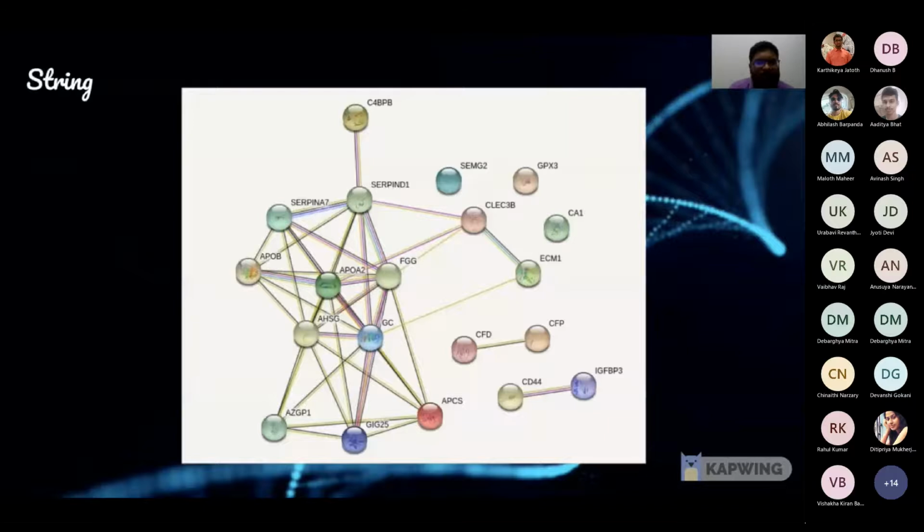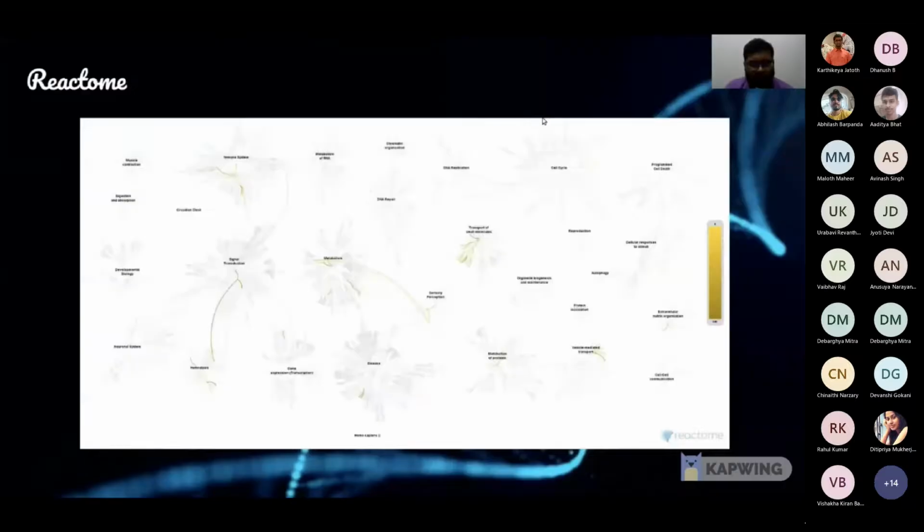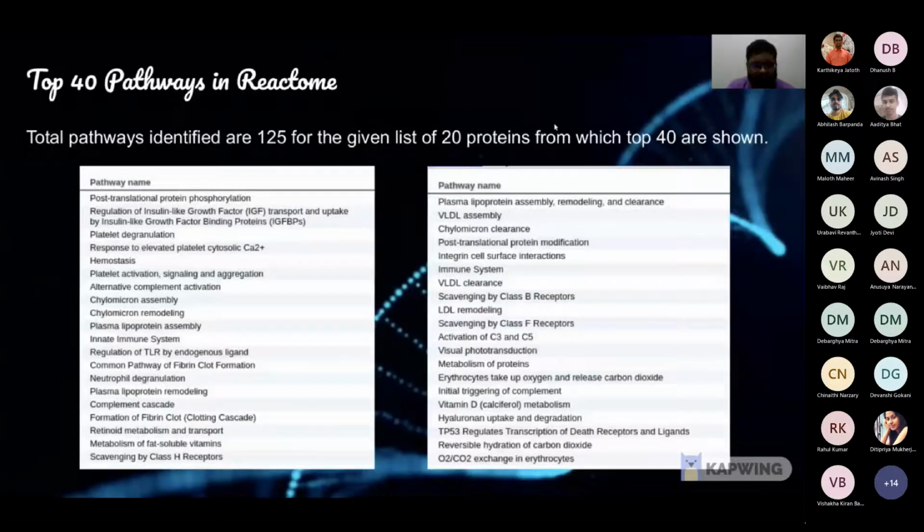The STRING analysis gave me this result, of which there is a 13-node graph and 2 2-node graphs and 3 individual components. The Reactome analysis is shown as below. Total pathways identified are 125 for the given list of 20 proteins, from which the top 40 are shown below.